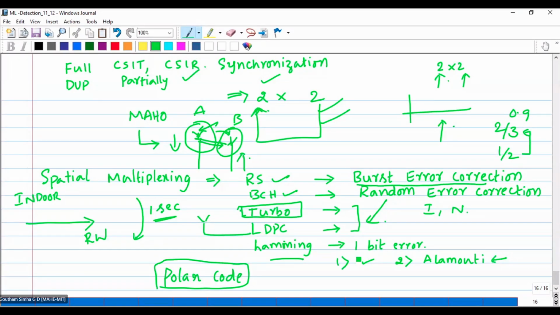Now, we are not satisfied with Alamouti because even if you use Alamouti in our 4G communication systems, sometimes if you want a better throughput, better spectral efficiency, and a better data rate, the spatial multiplexing scheme can be used.